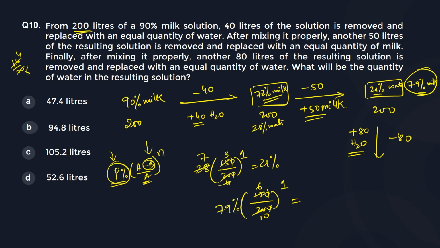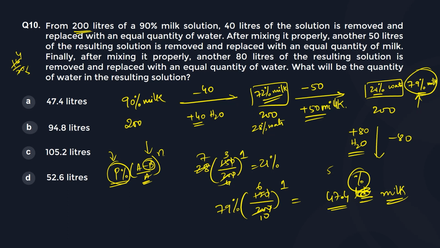How much is this? 6 9s are 54, 6 7s are 42, plus 5 is 47, so 474 by 10. So basically 47.4. But what is it? By the way, this is 47.4%, not liters. Please keep in mind. This is 47.4% what? Milk. Because you started with milk, you'll end with percentage of milk only.